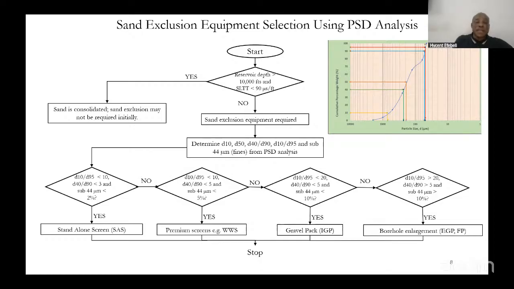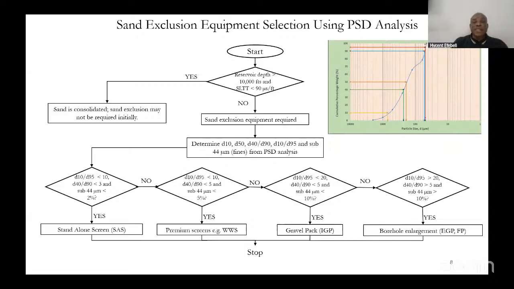So by the way, it's not every formation that needs a sand control mechanism. If a formation is consolidated and you've also produced from that reservoir and you've seen that you didn't produce so much sand, right? But most times you won't have that information. But just know that when your formation is consolidated, you may not need a sand control mechanism. And how do you check that? You have a rule of thumb.